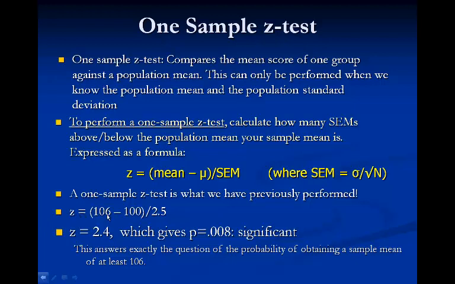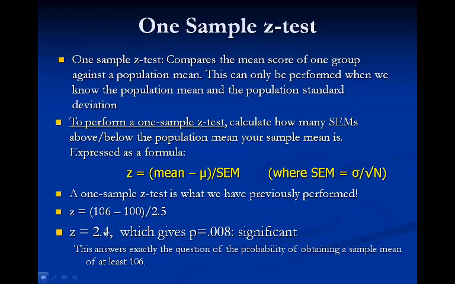Say we had a population of individuals in IQ, which is a population mean of 100, and by the design of IQ tests we know the population standard deviation should be 15, and our sample had a sample mean of 106, and let's suppose, given the sample size of 36, the standard error of the mean we saw before was 2.5.